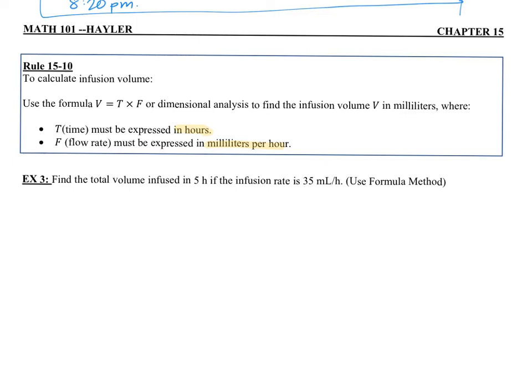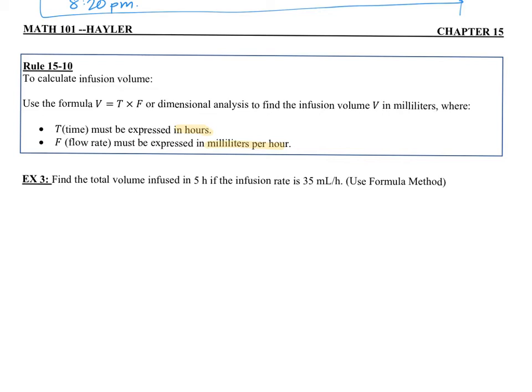So for example 3, find the total volume infused in 5 hours if the infusion rate is 35 milliliters per hour. We're told to use the formula method, which is that one right there. So what do we need for this formula method? Well, we need the time and the flow rate.